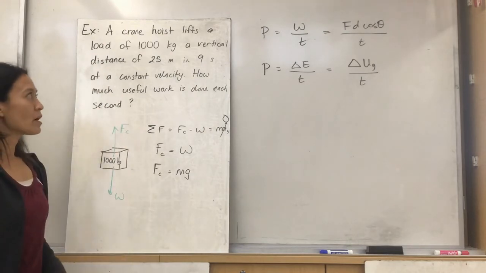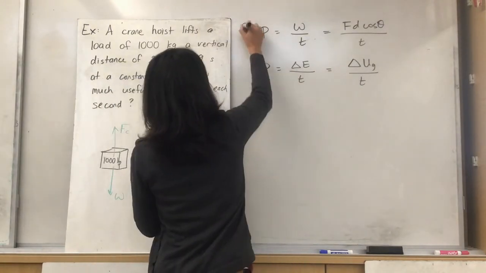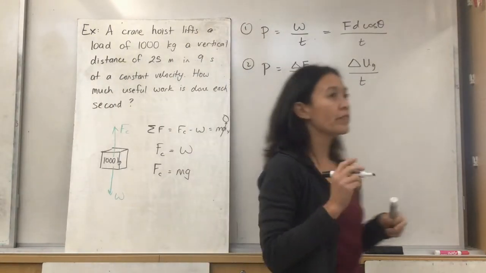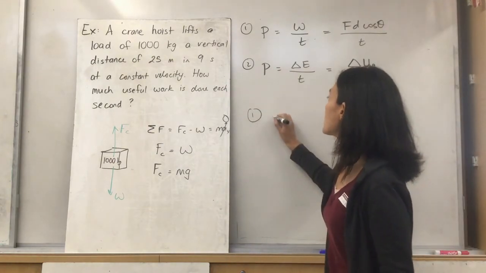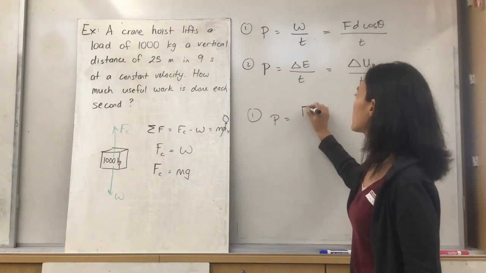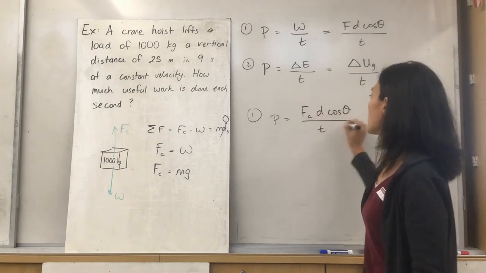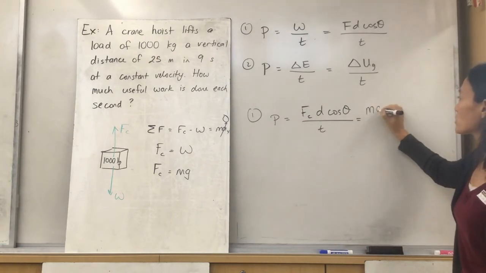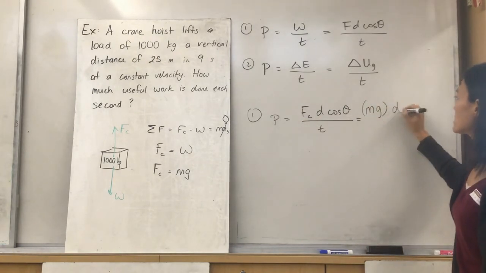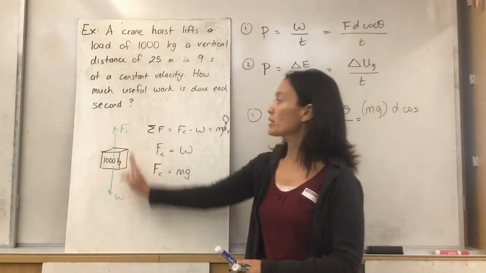So if I thought about trying to figure out power, I'm going to call this method 1. Using method 1, I'd say power is equal to the force of my crane times the distance times the cosine of theta over my time. The force of my crane is just mass times gravity, times my distance, times cosine of my angle. My force of the crane is going up.